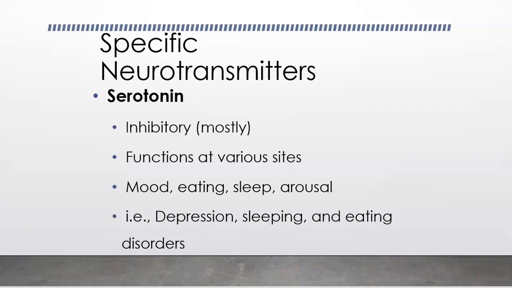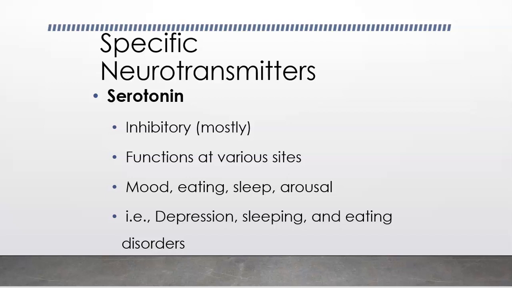The next neurotransmitter that you're going to hear about a lot is serotonin. You've probably heard of serotonin before. And serotonin is actually an inhibitory neurotransmitter, even though it is involved in a lot of mood control, eating, sleep, that kind of thing.